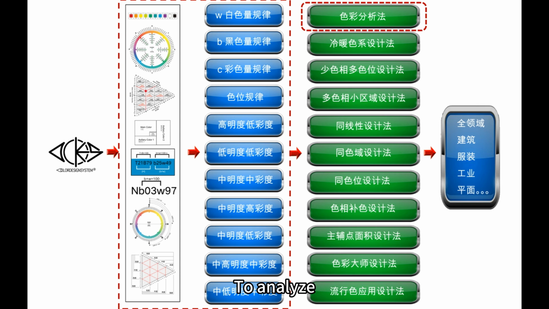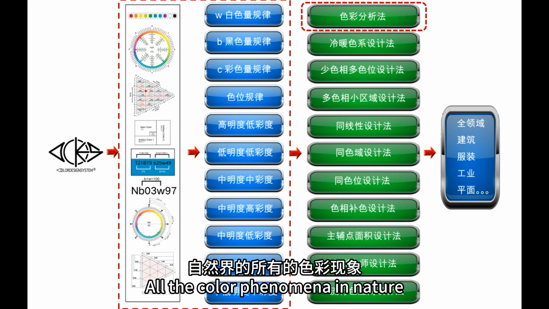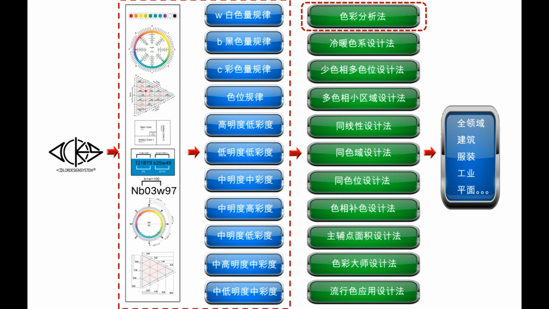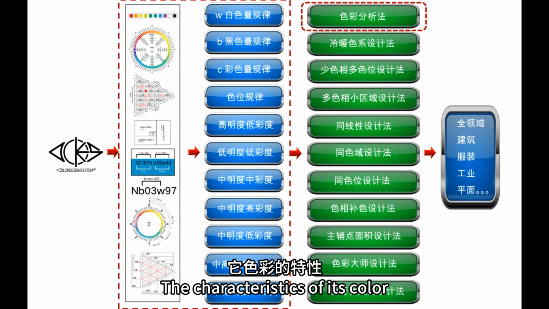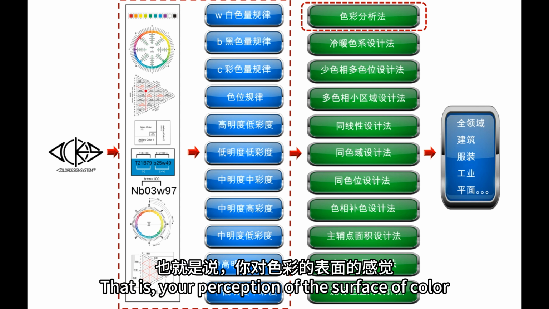If you learn to analyze, you can look at any color design, or all the color phenomena in nature, natural, humanistic, congenital, acquired, and so on, and easily tell the characteristics of its color and inner relationship, that is, your perception of the surface of color.